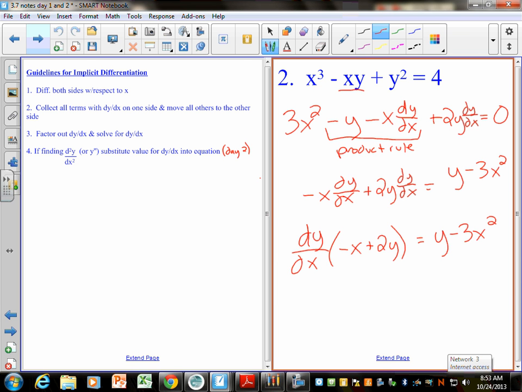And if I want to solve for dy dx, how am I going to move that over? I'm just going to divide it over, and I'm just going to get this lovely fraction derivative as y minus 3x squared over, and again, it doesn't matter how you write it, but since I wrote this one positive, I'm going to write that as 2y minus x, which is the same as negative x plus 2y. And that would be my derivative.